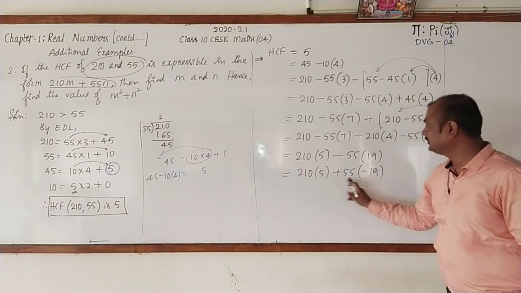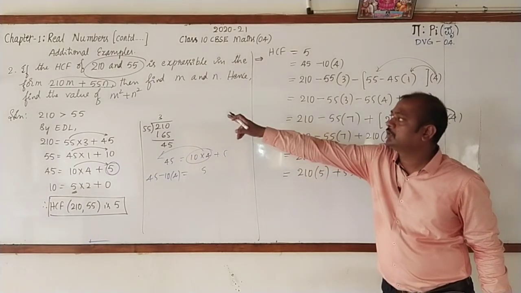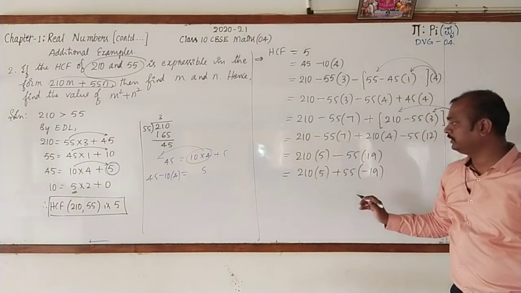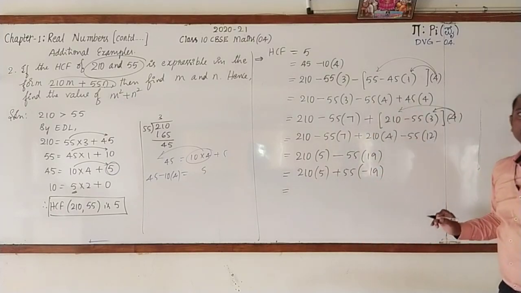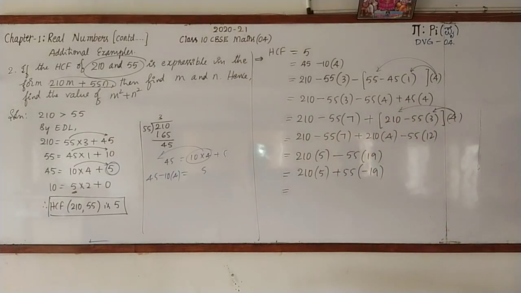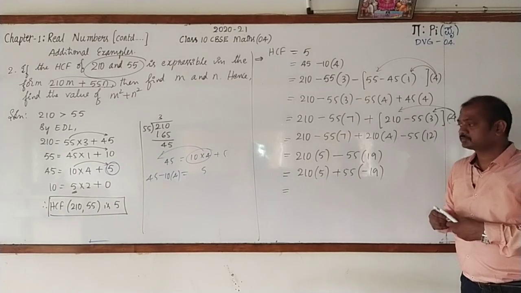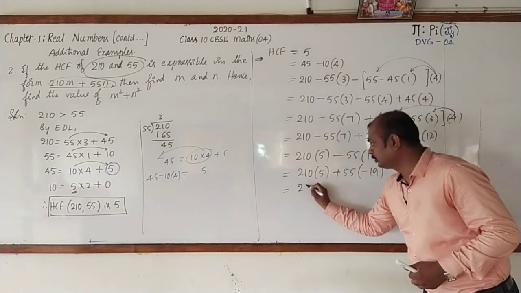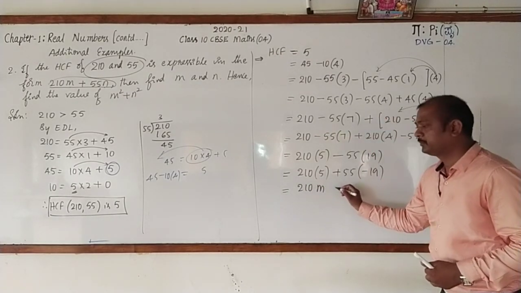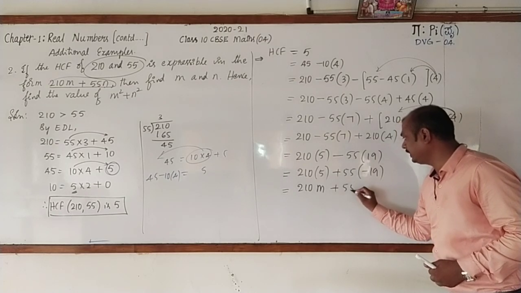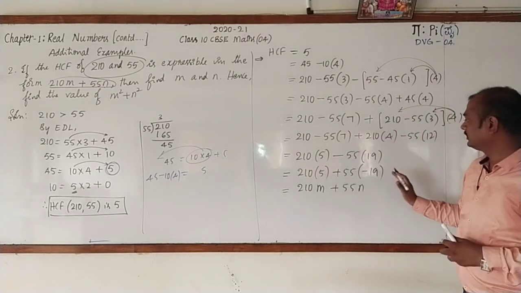Now see that this is of the form 210m plus 55n. I'll write it. Yes, it is 210m plus 55n.